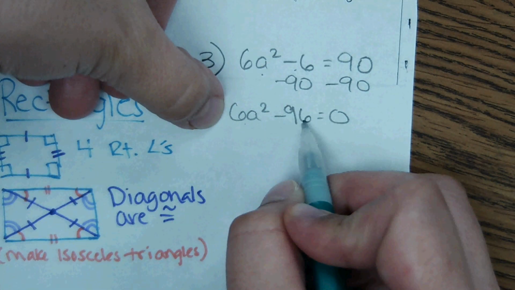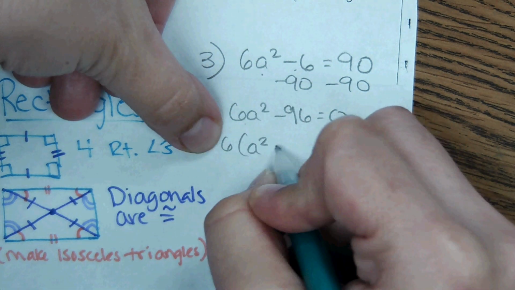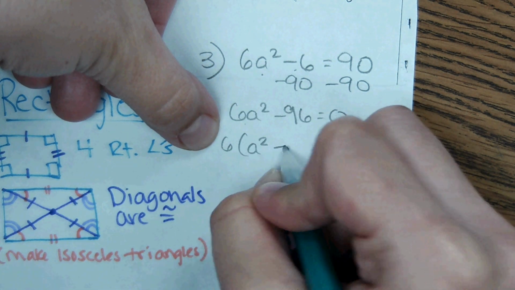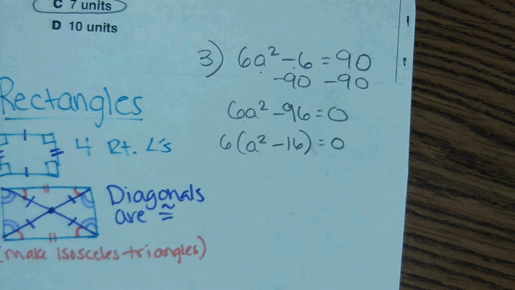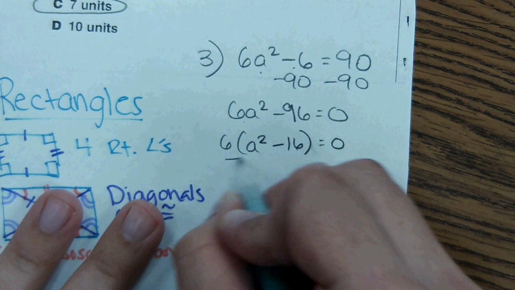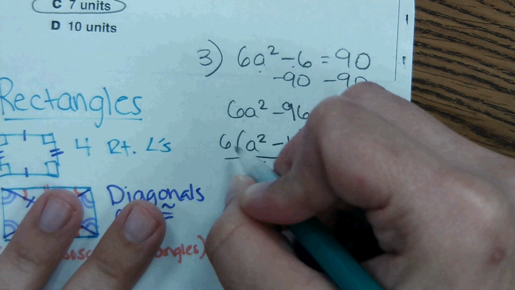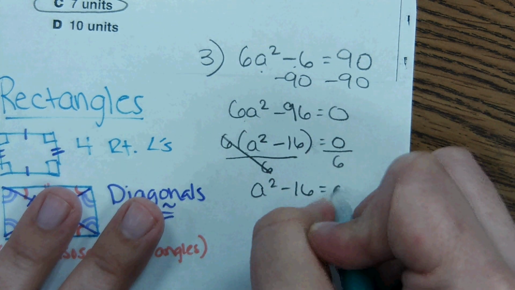We're going to factor out a 6 out of both of these terms. So 6 times a squared, and then 96 divided by 6 is 16, equals 0. The 6 just kind of cancels out because if you divided both of these by 6, it would just be a squared minus 16 equals 0.